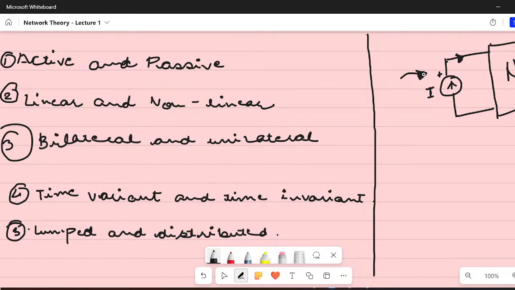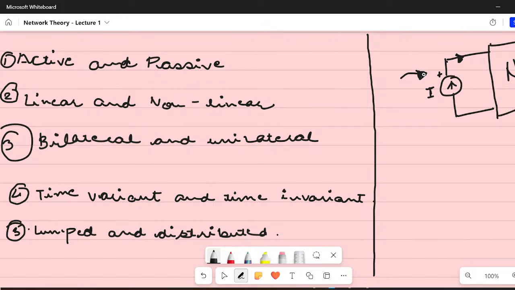Now again, it is assumed that any active element would have the capability to deliver energy for an infinite period of time. Not everything is idealistic, but generally, a power source which is able to deliver for a certain period of time is considered to deliver for an infinite period of time.